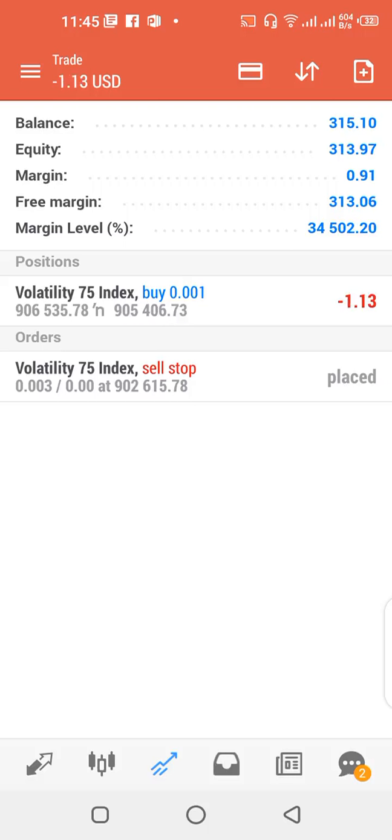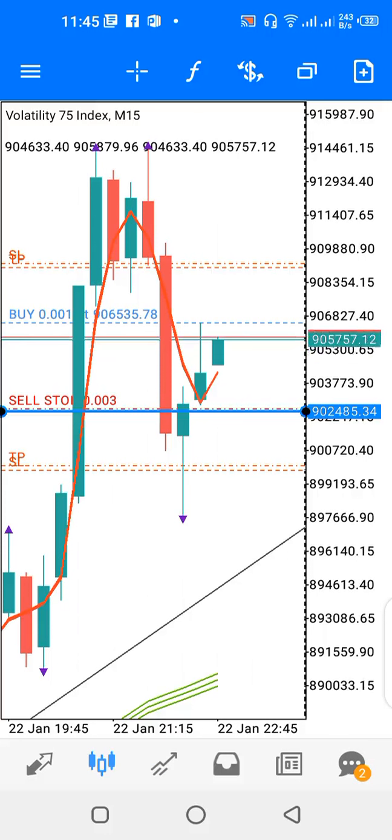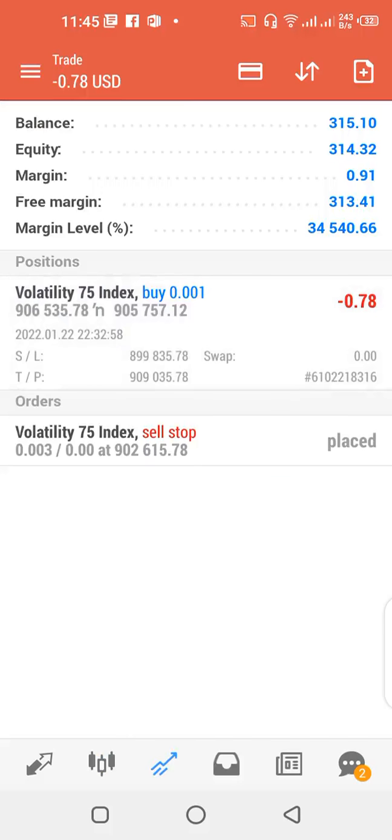So for every $300 I can start with 0.001 lot size. But if I have $600, I could start with 0.002 lot size. If I have $900, I can start with 0.003 lot size.